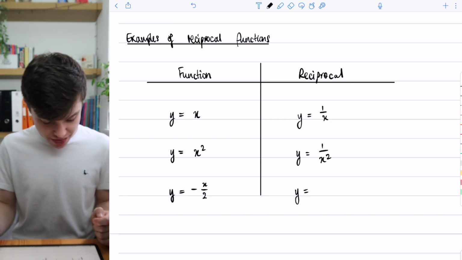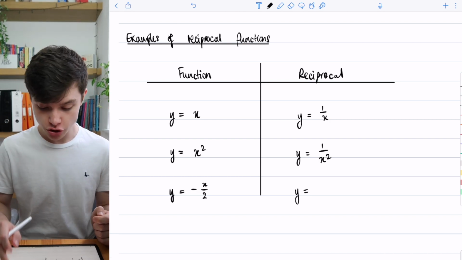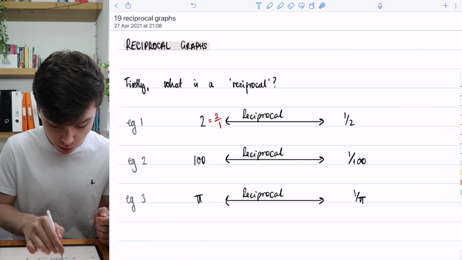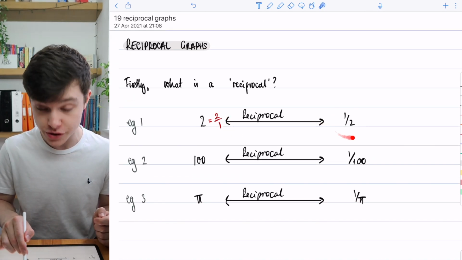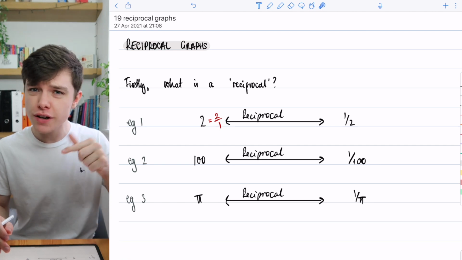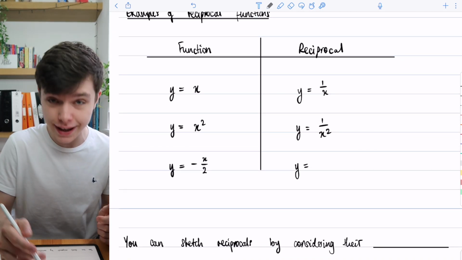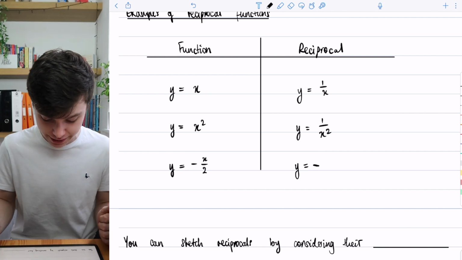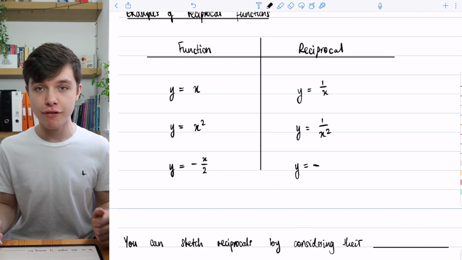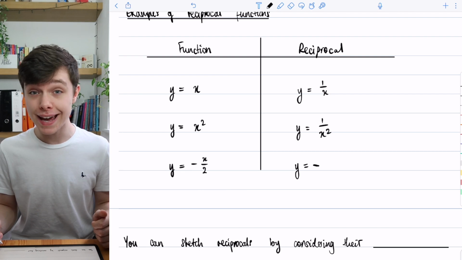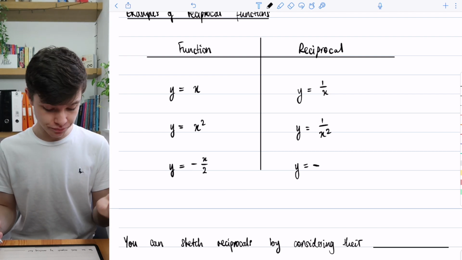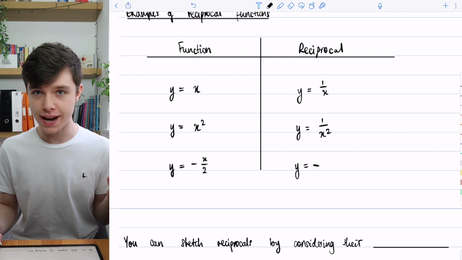okay? And then if we look at the final example, just like we did here, we had 2 over 1 and the reciprocal was 1 over 2. We're just going to flip the fraction. So here, all we're going to do is keep the sign, it's still going to be negative, but then we're just going to flip the fraction. What we're actually doing is writing 1 over x divided by 2 with a negative out the front.